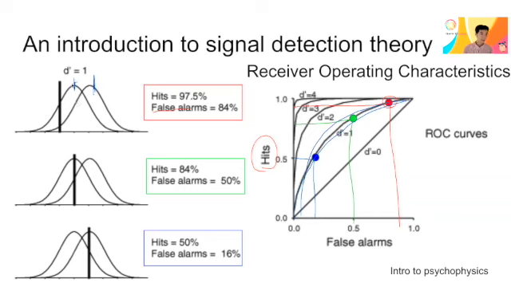This distance between the Gaussian centers is called d prime. You might have heard or seen some papers talking about d prime, but that's what it is: separation of the Gaussians. And d prime 1 corresponds roughly like this, d prime 2, d prime 3, d prime 4, as you see here.